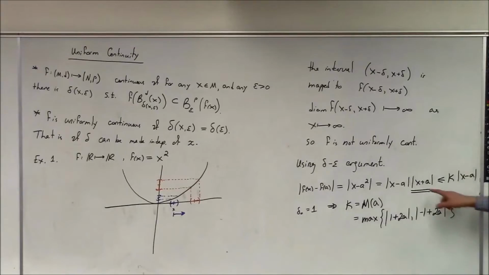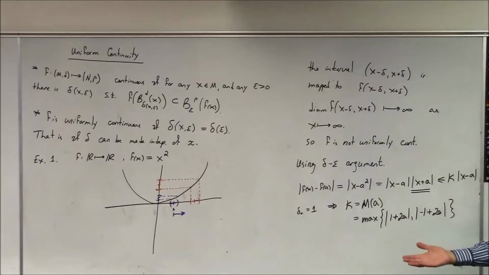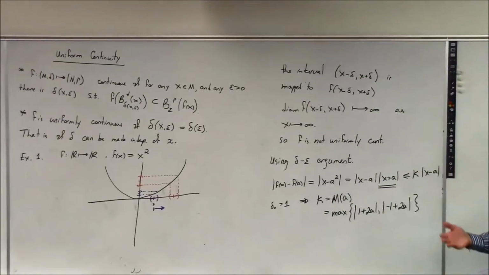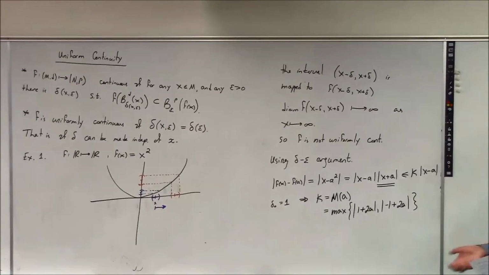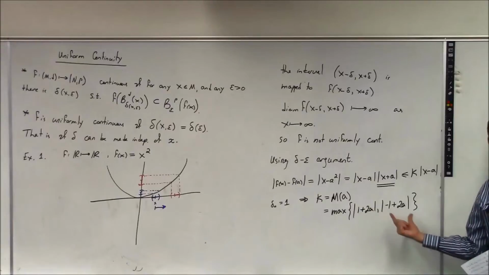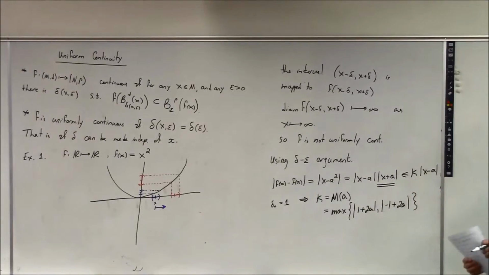So the way I obtain it is I make sure that x minus a is initially smaller than 1. If it's smaller than 1, then x minus a is between minus 1 and plus 1. And therefore, x plus a is between minus 1 plus 2a and 1 plus 2a. And therefore, this k, if I select the maximum of the absolute values, is going to be an upper bound.